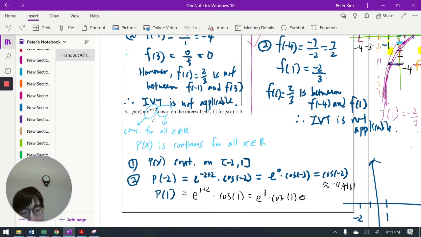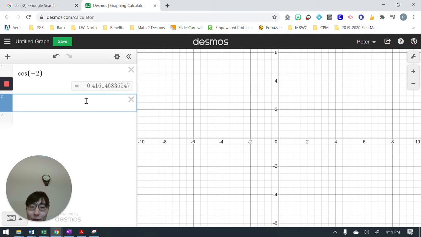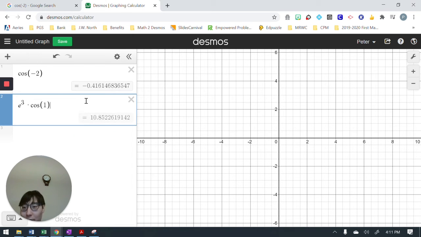But in the calculator section of your test, you want to use a calculator to estimate that if they ask you to. So e to the power of 3, times cosine of 1. Okay, it gives me 10.8523, right around the ballpark.